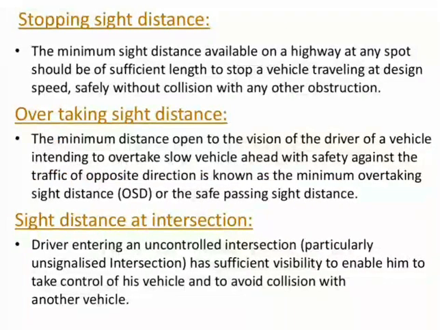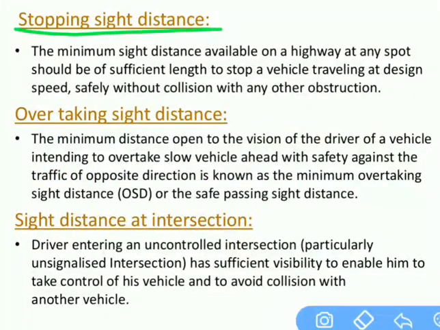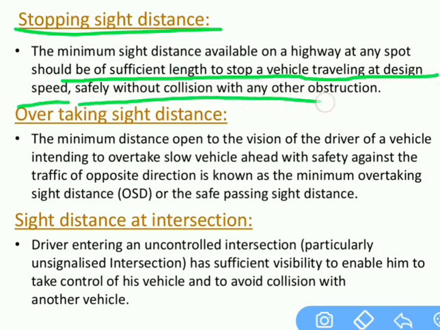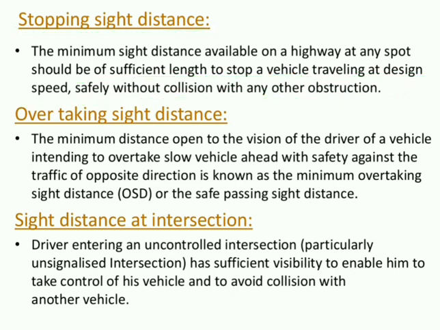Next, I will give definitions. Stopping sight distance: the minimum sight distance available on a highway at any spot should be of sufficient length to stop a vehicle traveling at design speed safely without collision with any other obstruction. That is the stopping sight distance.